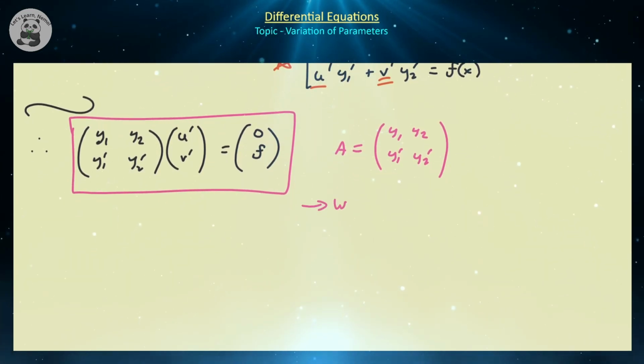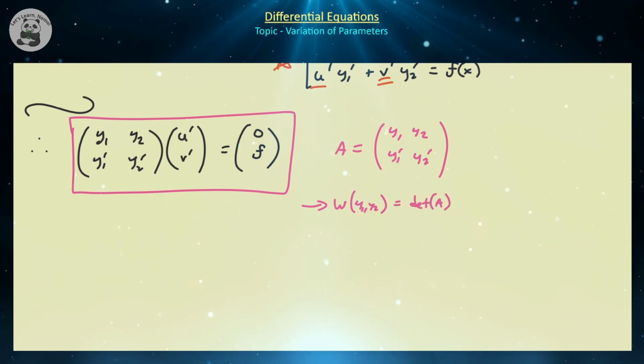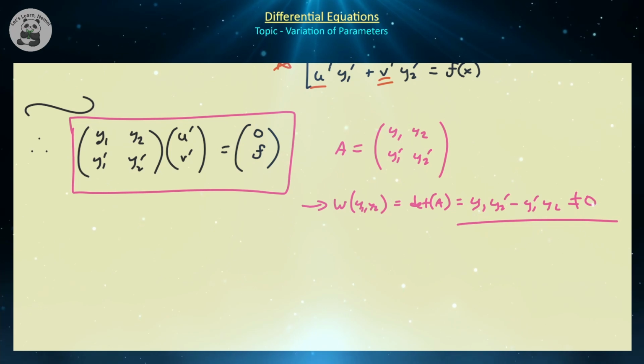So keep in mind, W of y1, y2 is just going to be equal to the determinant of A, which is just going to be y1 y2 prime minus y1 prime y2. And keep in mind, this is never equal to 0 by assumption, implying independence. So once we solve this equation, A u vector is equal to B vector matrix equation.